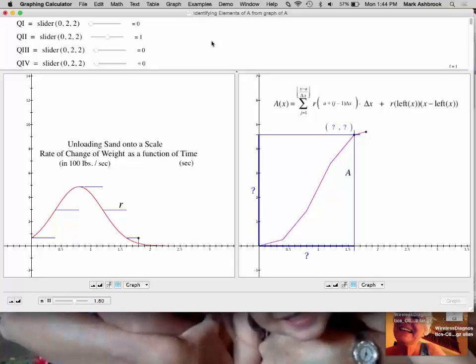That would be this. Are we talking about this one here or this one here? So the x-coordinate or the y-coordinate? The y-coordinate would be all the accumulated weight of all the sand from the completed intervals. What is this question mark then? How would you express that value right there?